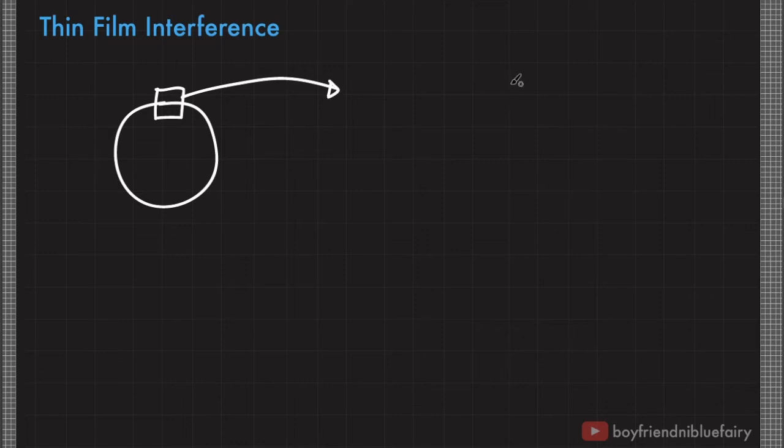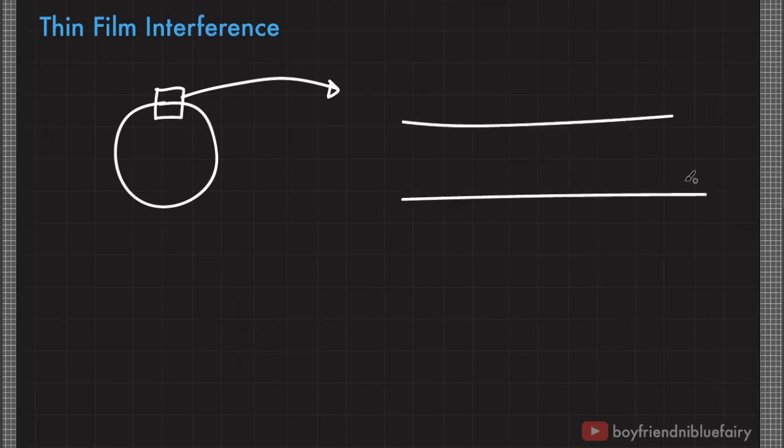The interference pattern coming from a soap bubble actually depends on the reflected wave given off by the soap bubble. For example, you have this soap bubble, and we just magnify a small portion of it. Basically, a soap bubble is just a film of water mixed with some molecules that have hydrophobic and hydrophilic ends.